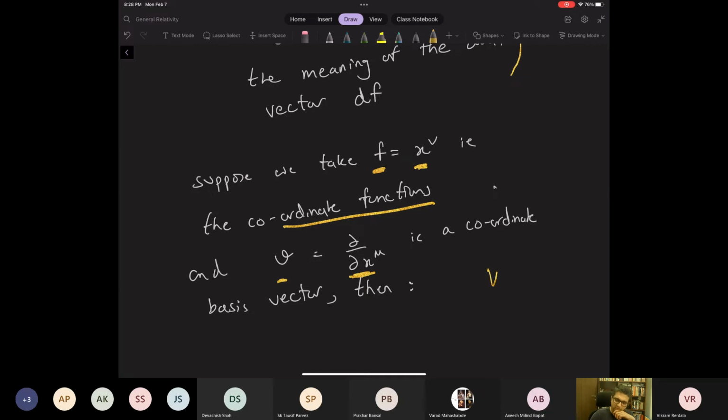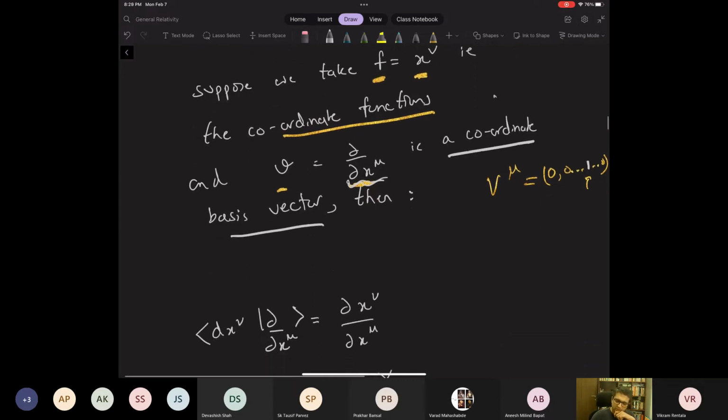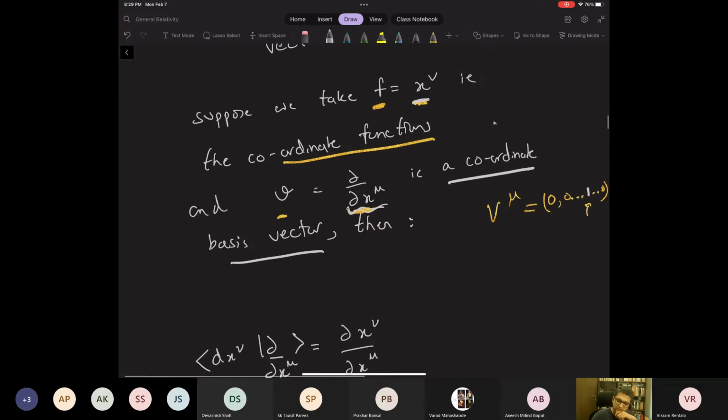That is, we'll take only one of these v mu's to be non-zero, the rest are 0, and in fact it's just one. So you picked out a particular vector which is just along one particular coordinate basis vector. And now f is x nu, so that means df we can write as dx nu.